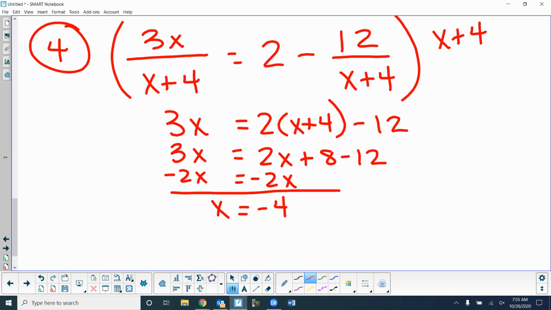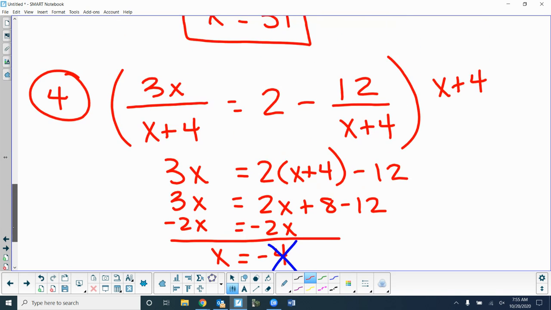But when I check it, go back to this original problem, what's negative 4 plus 4? 0. So can I use negative 4 as my answer? No. I can't use it because I get a 0 in the denominator when I plug it into the original problem.